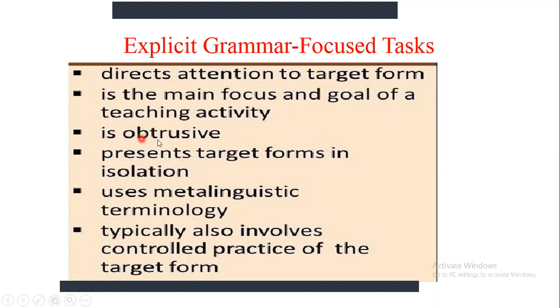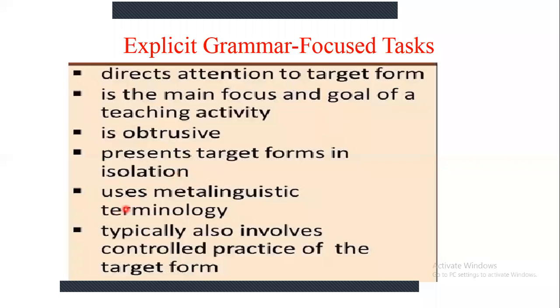It is obtrusive, meaning it is noticeable. Like they highlight, they underline, they make italics about the grammar. The target grammar, present target forms in isolation. They can present the grammar, like you focus on form, meaning, use, in isolation.